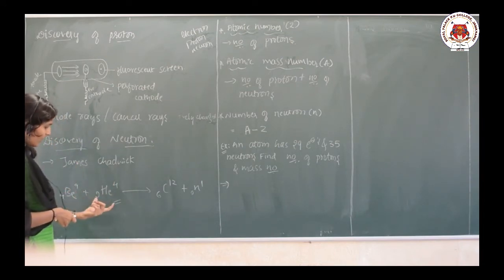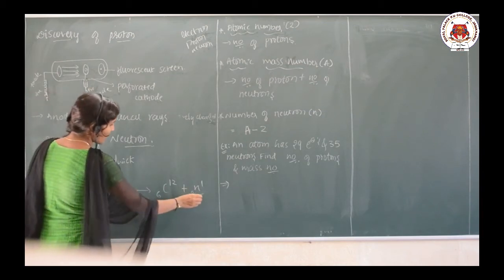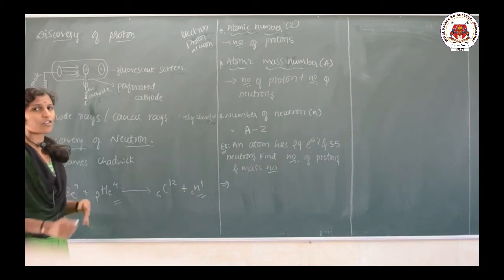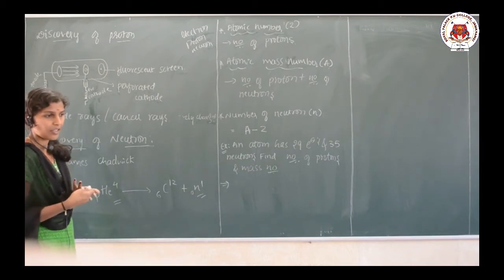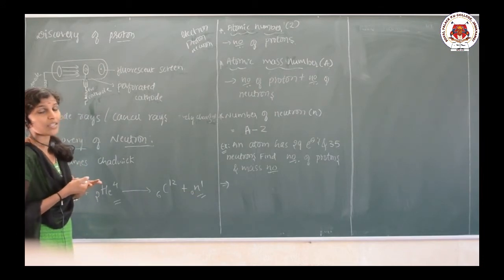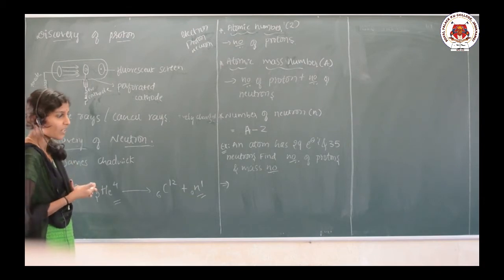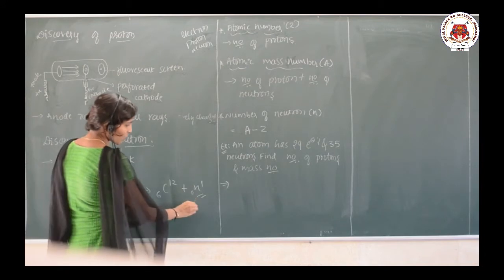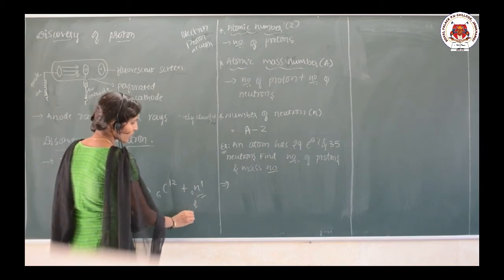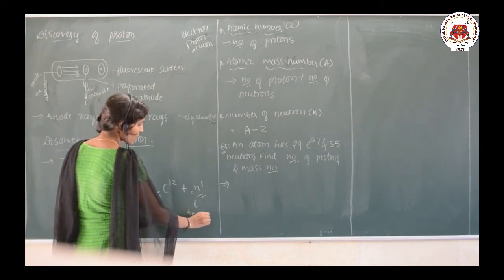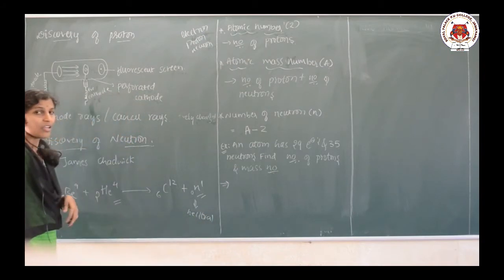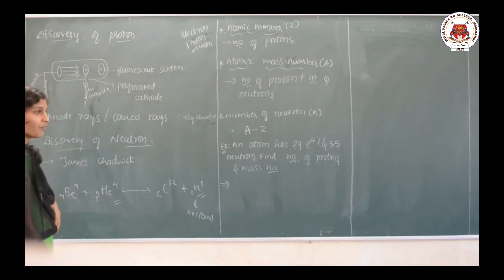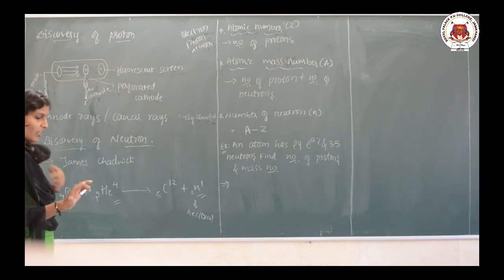When he hit the beryllium thin sheet with helium nuclei, he got a particle that is not deflected by any electrical field or any magnetic field. It is neutral. It does not carry any positive or negative charge. The charge on it is 0. Okay, I hope it is clear for you.